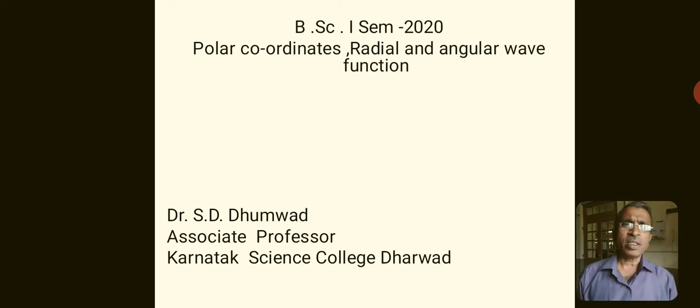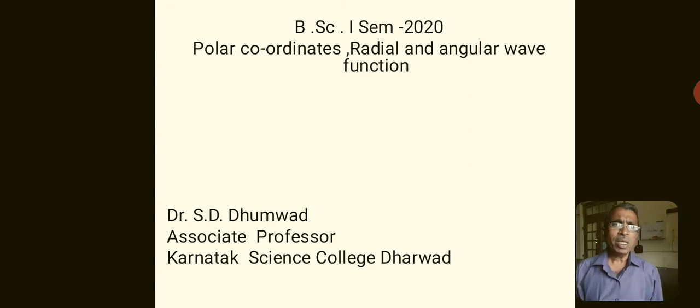We know n is the principal quantum number, L is the azimuthal quantum number, and m is the magnetic quantum number. n has the values 1, 2, 3, 4 and so on, representing the shells. L has the values 0, 1, 2, 3 up to n minus 1, representing the subshells.